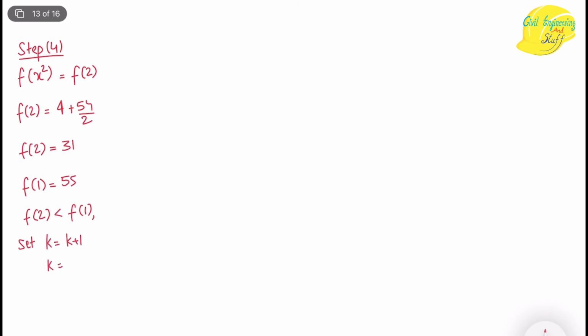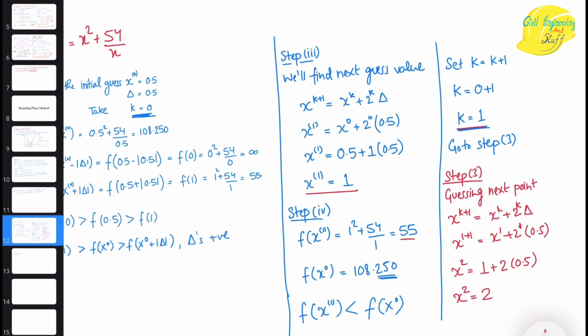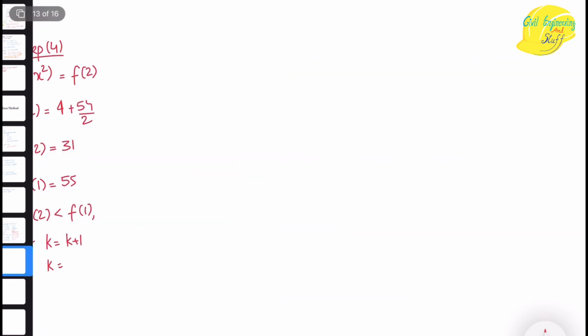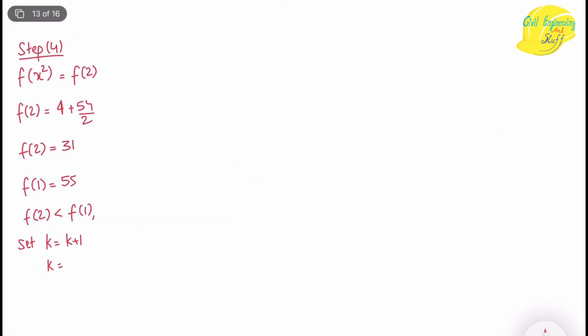In the previous step we had the value of k to be 1, so this is 1 plus 1 equal to 2, right?